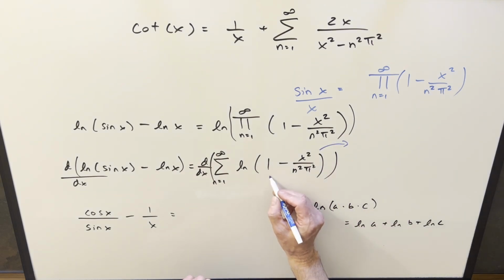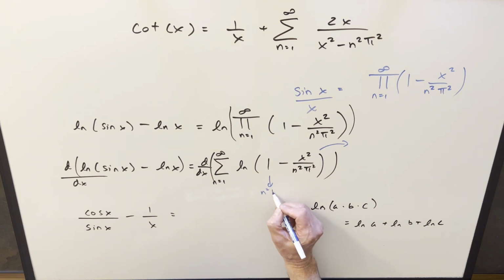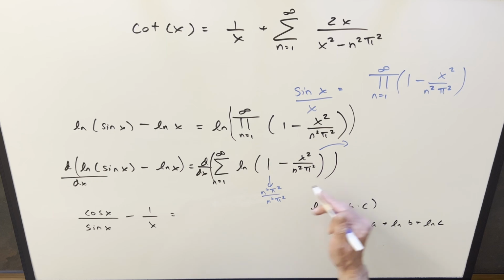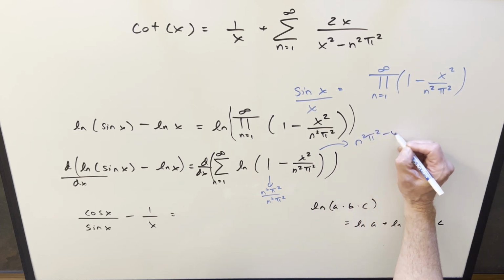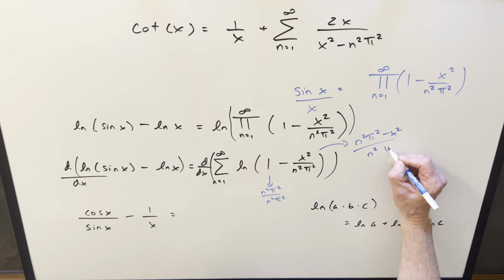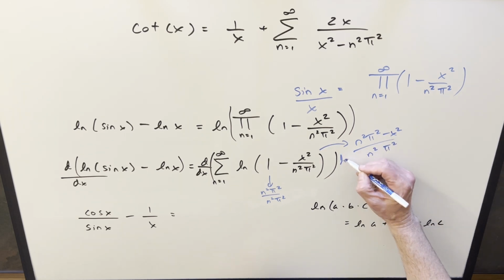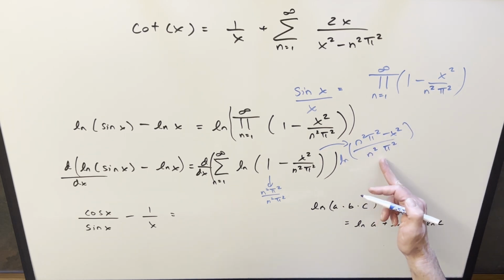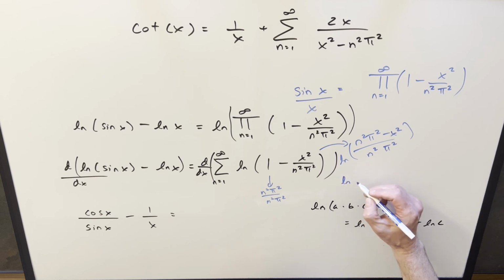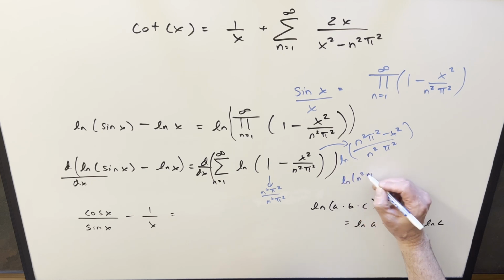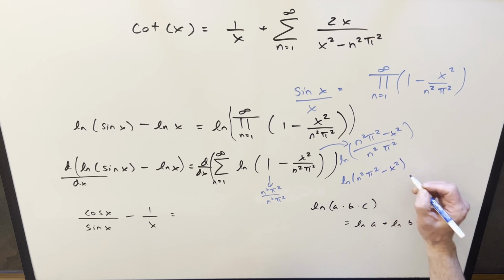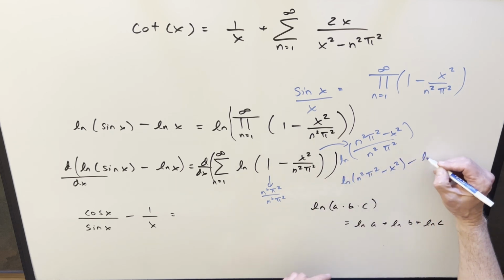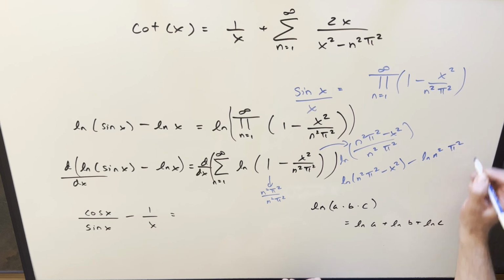For 1, if I write 1 as n squared pi squared over n squared pi squared, then when we bring this together with the common denominator, it's going to become n squared pi squared minus x squared over n squared pi squared. But this is all inside the natural log. So then splitting this up with log properties, what's going to happen, we get natural log of n squared pi squared minus x squared, then minus this piece, natural log of n squared pi squared.